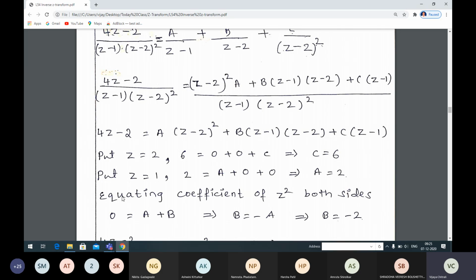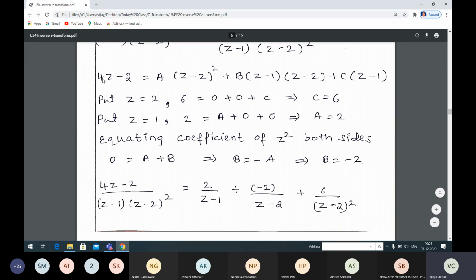Now equate the coefficients of z squared on both sides. On the left side we only have z and a constant term, so take the z squared coefficient as 0.